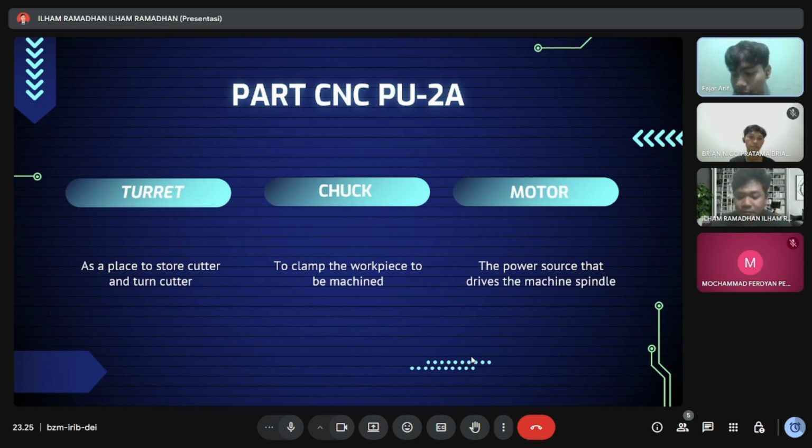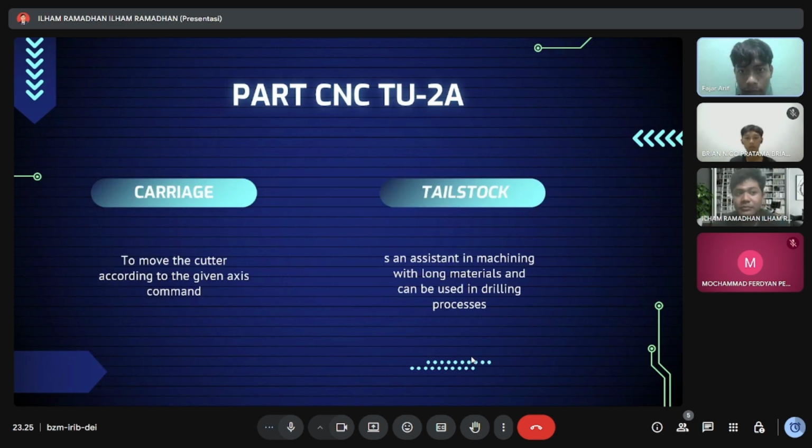Next is the carriage, which moves the cutter according to the given axis command. The last one, the tailstock, acts as an assistant in machining long materials and can be used in the drilling process.